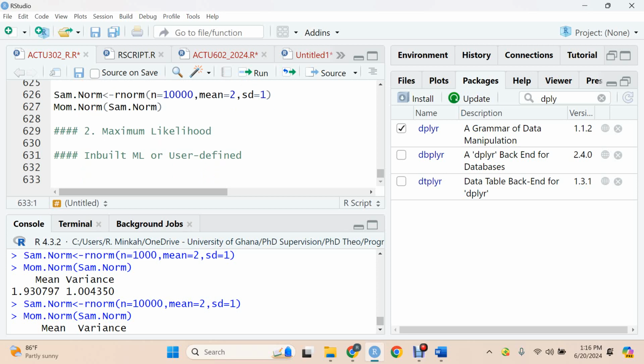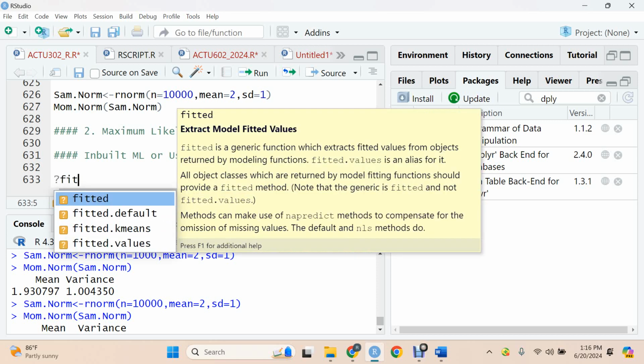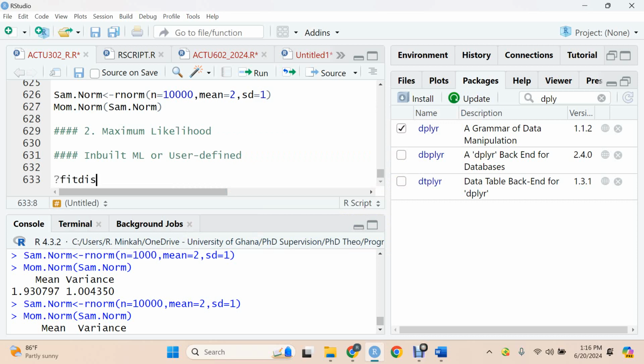So we can look at fitdistr. Okay, we need to go to the MASS package. So inbuilt ones, we can get some from packages, for example, MASS.